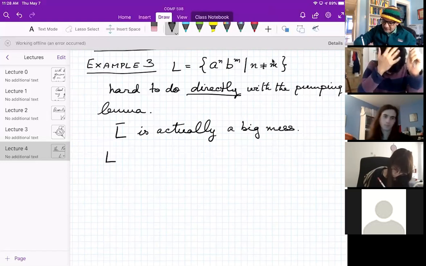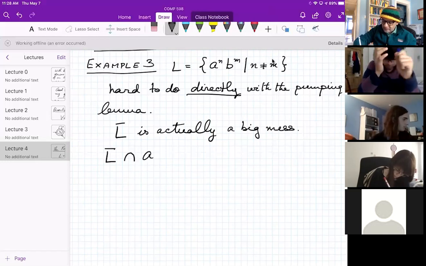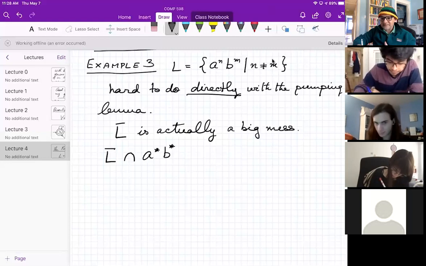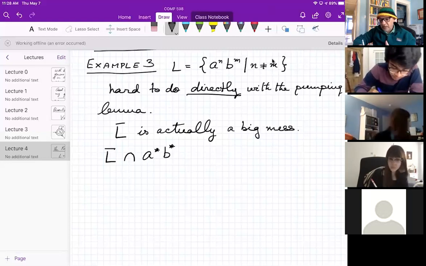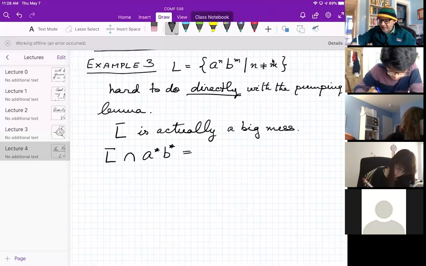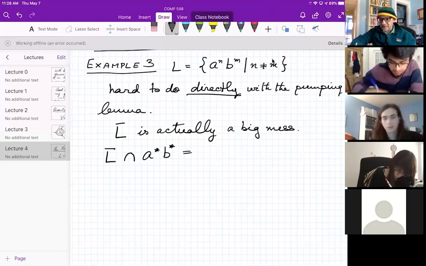But now if we take L complement and we intersect it with A star, B star, now A star, B star certainly is regular. So L complement intersection A star, B star says, okay, so now I'm choosing only those words that have some number of A's followed by some number of B's, and they have to now violate this condition.